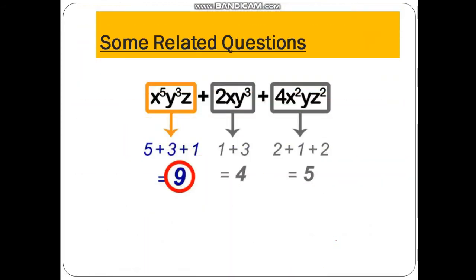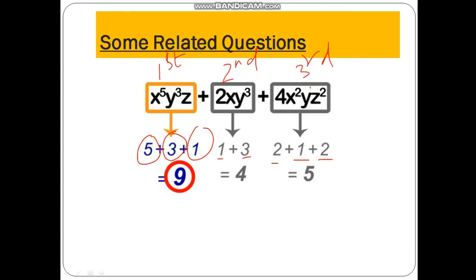अच्छा जी, कुछ रिलेटेड क्वेश्चंस देख लेते हैं। This is the first term, this is the second term and this is the third term. In the first term, exponents are 5, 3 and 1. In the second one, it is 1 and 3. In the third one, it is 2, 1 and 2.